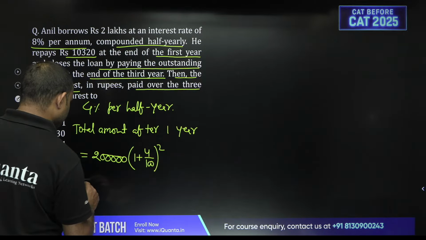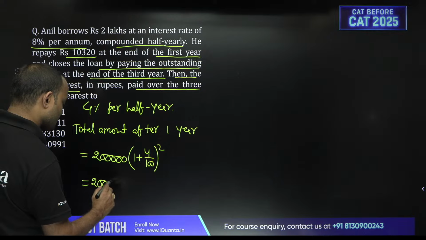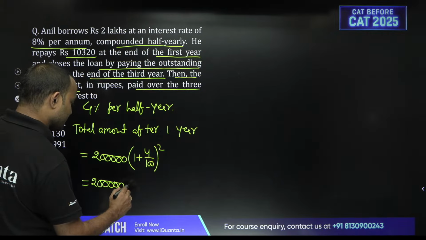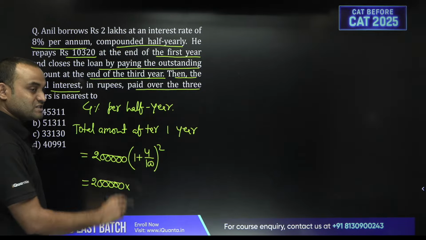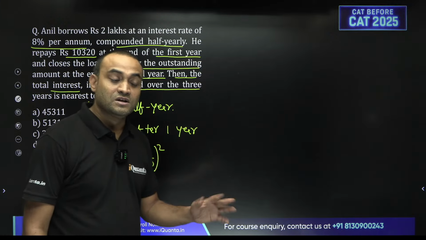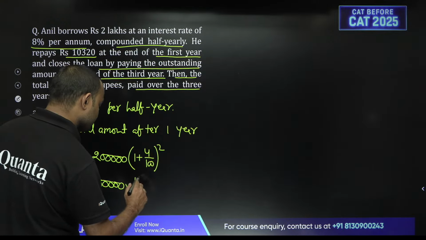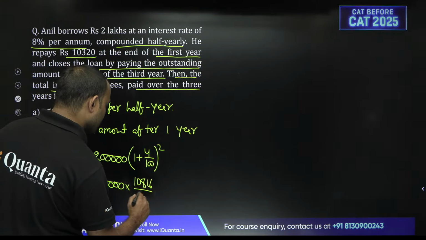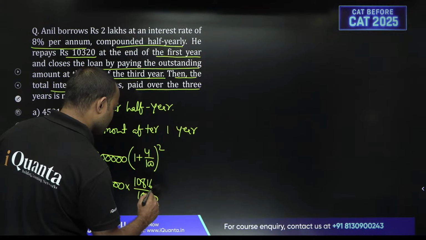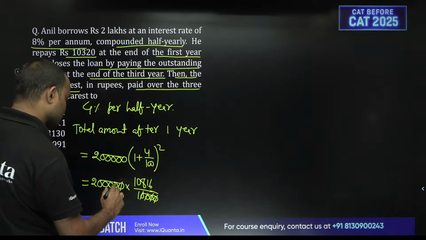Which will be equal to 2 lakhs into, now this will become 104 squared, which is 10816 divided by 10000. So the zeros cancel out.